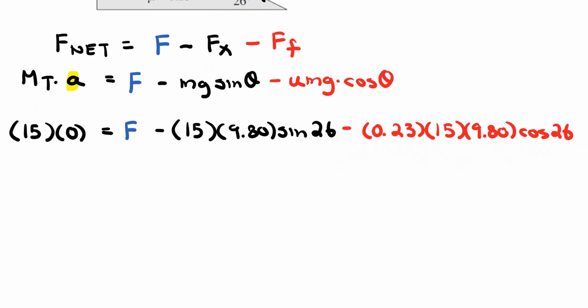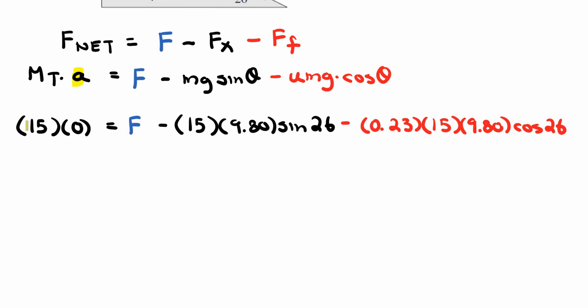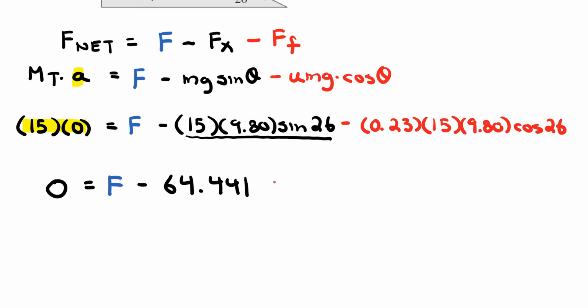Okay, so a lot of calculations again for this particular problem. Over here again, 15 times 0 is going to be 0, equals the force that you need, minus 15 times 9.80 times sine of 26 degrees, which is roughly 64.441. And then we're also going to subtract the friction here. So if I put that into a calculator, we get 30.388.